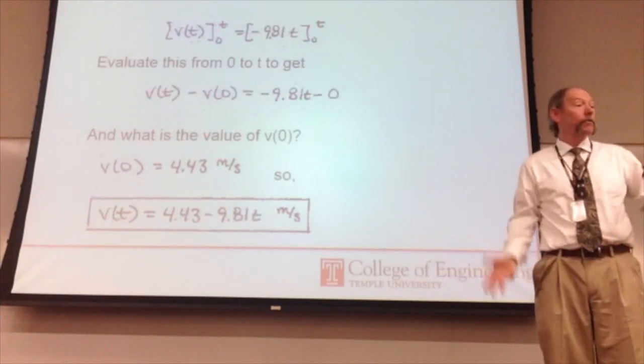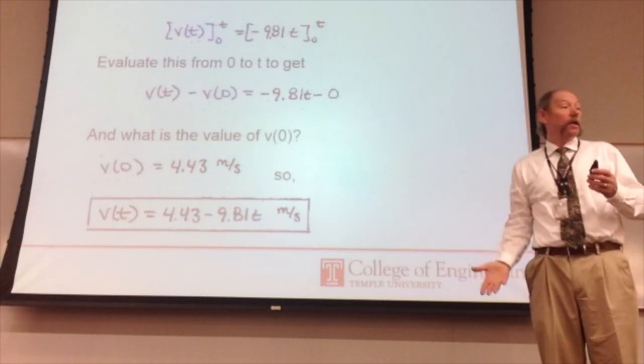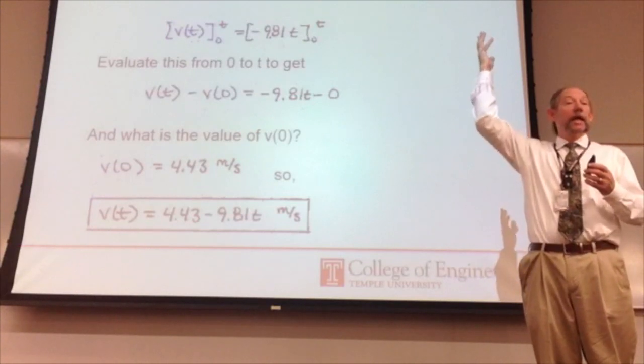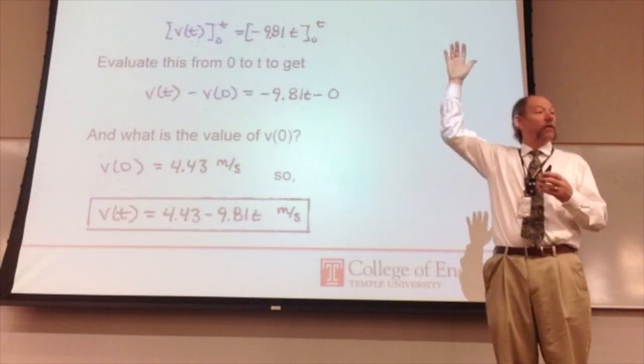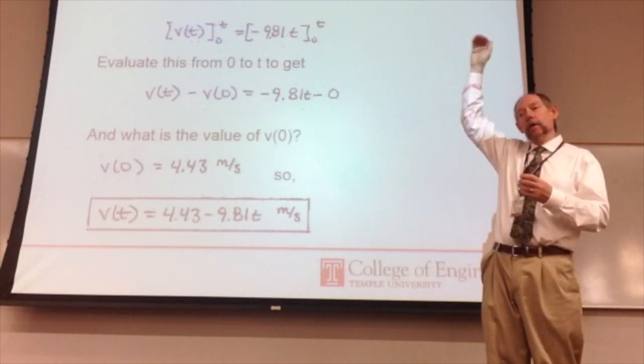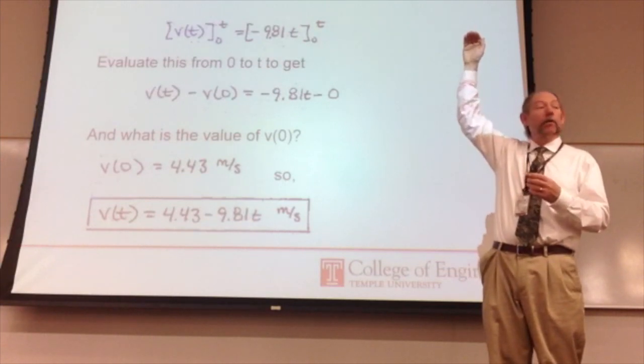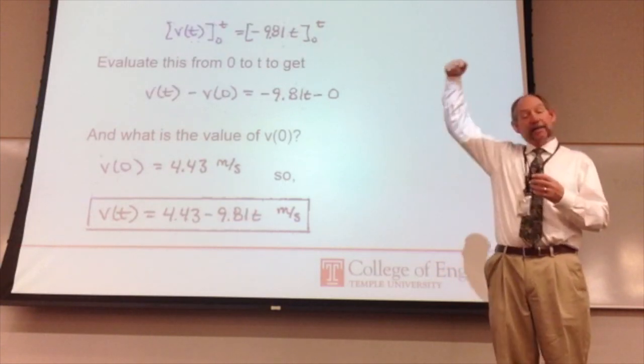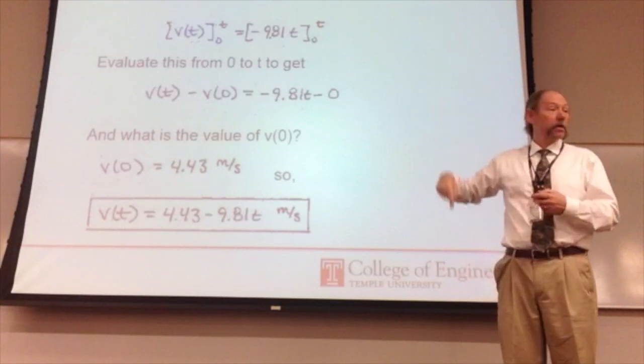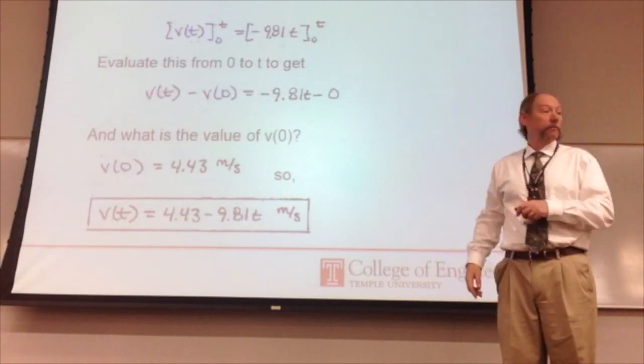So you think about when you throw a ball up in the air, what happens? You throw it up with some initial velocity, and it immediately starts to slow down, right? Until it reaches some peak where the velocity is 0, and then it starts to come back. As it's coming down towards the Earth, that velocity is negative.